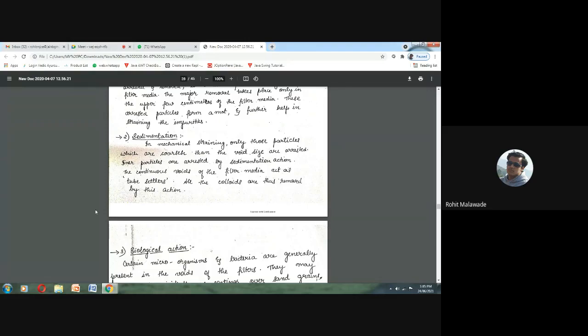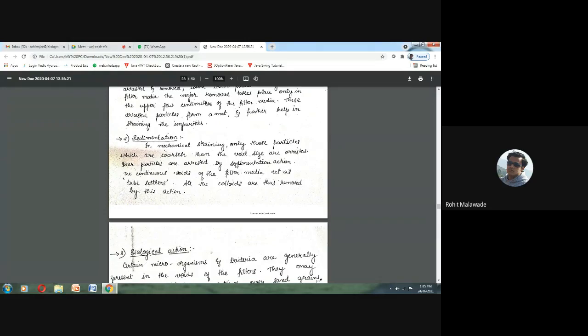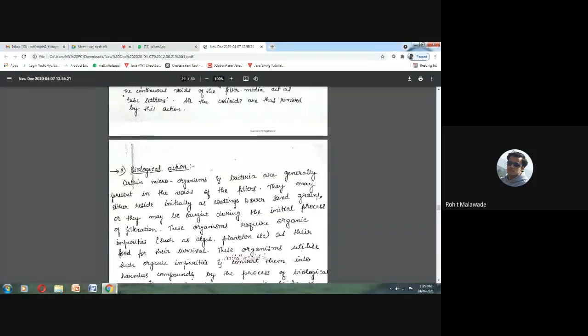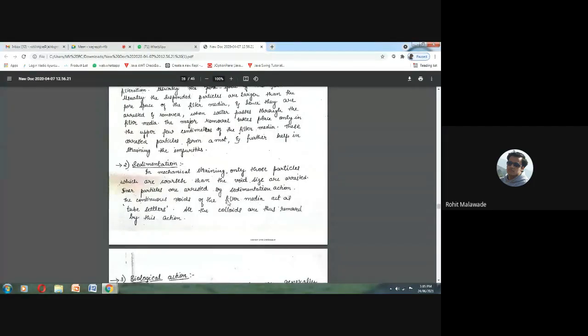Also, before filtration, we need to have sedimentation, or if we don't do sedimentation or coagulation sedimentation, a huge amount of particles will get arrested in the filter.